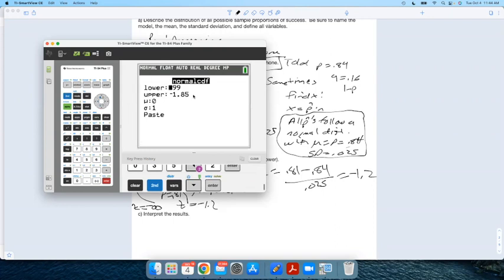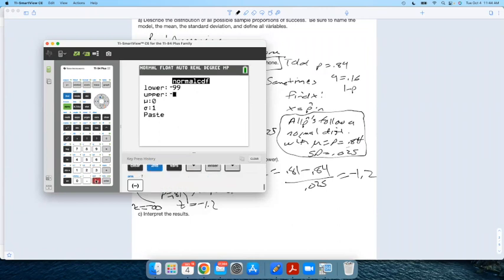We want negative, I could type negative 100, negative 1,000, negative 1,000,000. I want a big negative number here. I always personally use negative 99 because it kind of looks like infinity. And then my second z-score, my biggest, was negative 1.2.